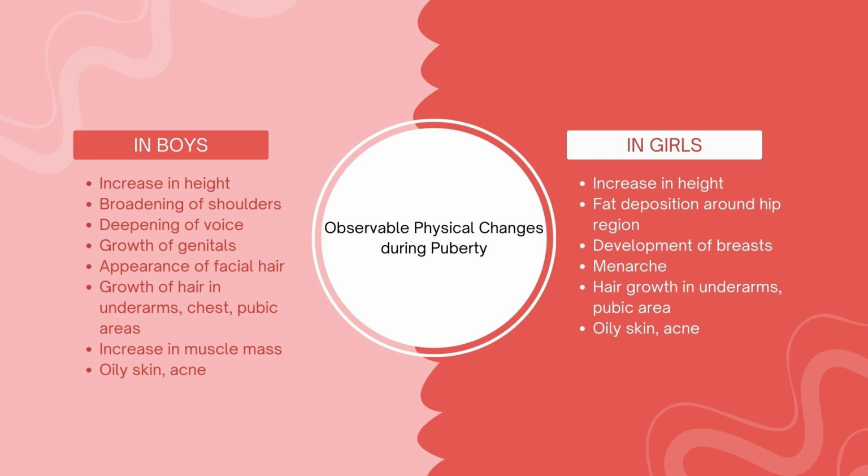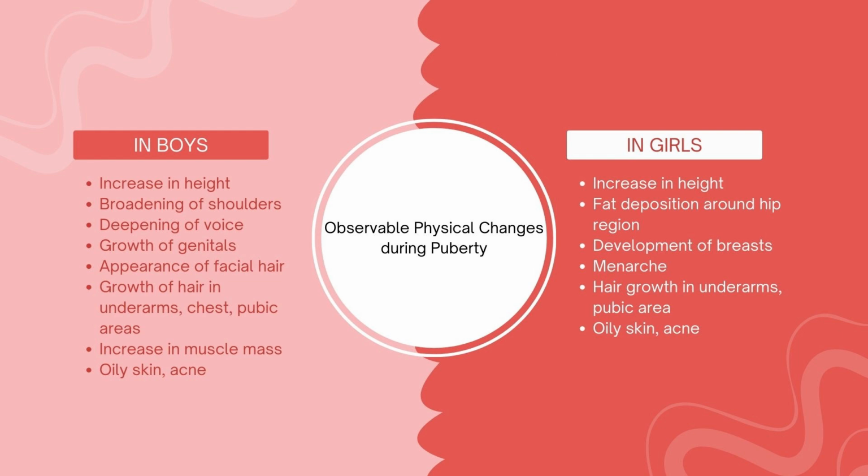This leads to sperm production, a process known as spermatogenesis, and it also leads to a bunch of other noticeable physical changes. The most obvious is a growth spurt, or a rapid increase in height. There is also building of muscle mass, broadening of shoulders, and the most obvious, deepening of voice.